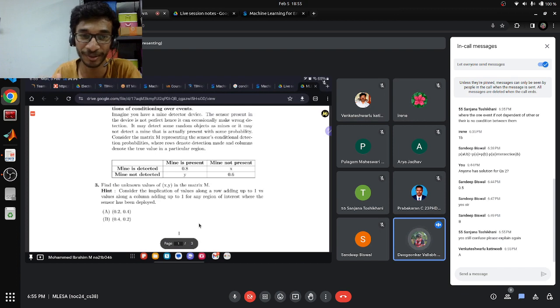So columns adding up to 1 means that whatever you are saying is a 100% probability event, and in that sense it doesn't make sense, right? Whatever your detection, you are saying that a mine has to be present.